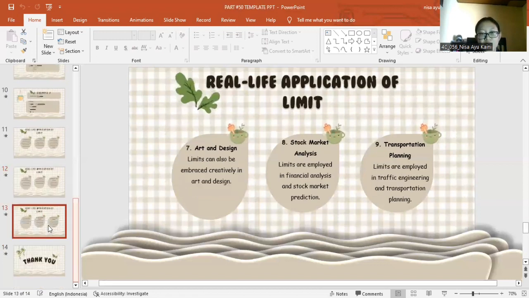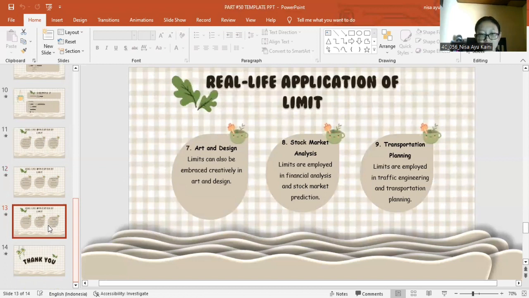Okay, number 7, art and design. Limits can also be embedded creatively in art and design. Artists and designers might intentionally limit materials, colors, or dimensions to inspire creativity and explore new artistic expressions.